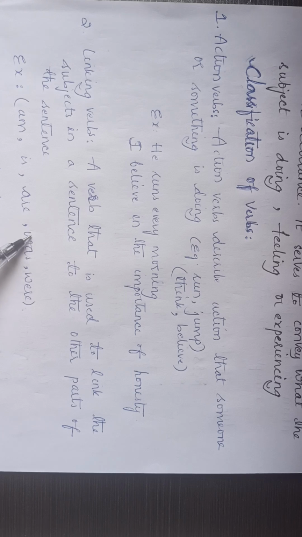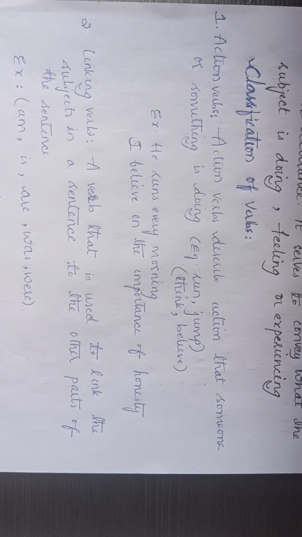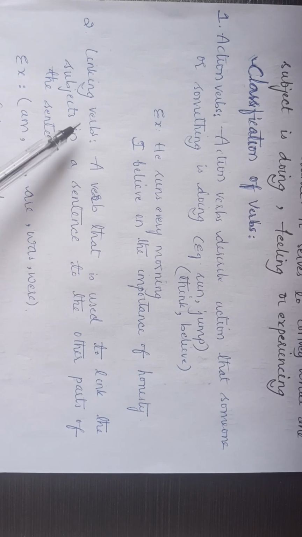Okay, let's see example. She is a teacher. They seem tired. So in this sentence, the linking verb doesn't show action, but it connects the subject with an adjective or noun. So this one is a linking verb.